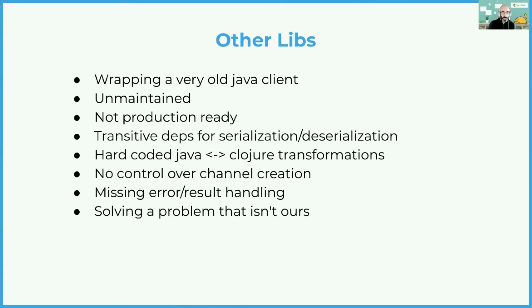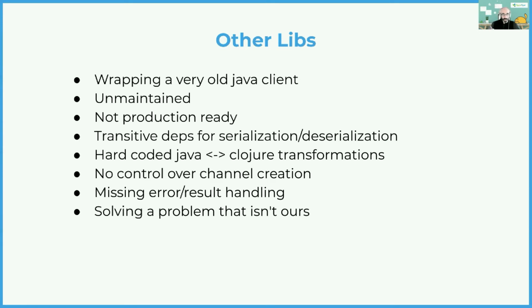So we surveyed all these libraries, everything we could find at the time, and they just didn't fit our guidelines. It's not to say that they aren't any good, but only that they were not meant for us. Some of the reasons are they were wrapping a very old Java client and we wanted to upgrade. They were poorly maintained or totally abandoned. Some of them declare themselves as not production ready.